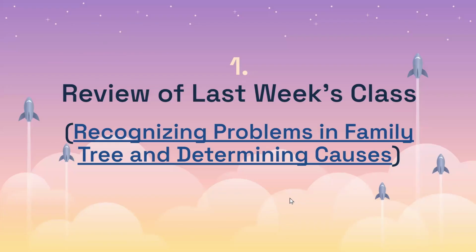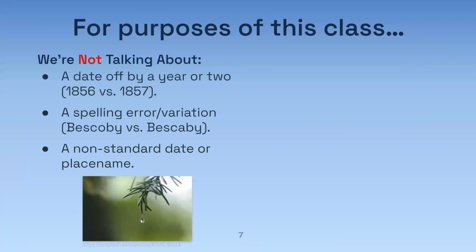So let's review very quickly last week's class. For purposes of this class and last week's, I wanted to be very clear what kinds of problems we're talking about. We're not talking about things that are simple and easy to correct, such as a date being off by just a little bit, a spelling variation, or a non-standard date or place name.